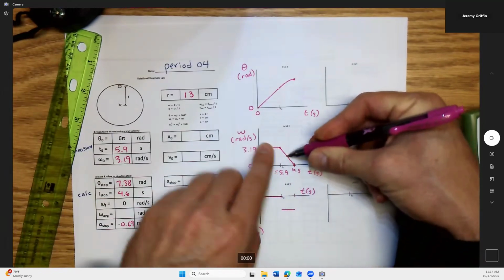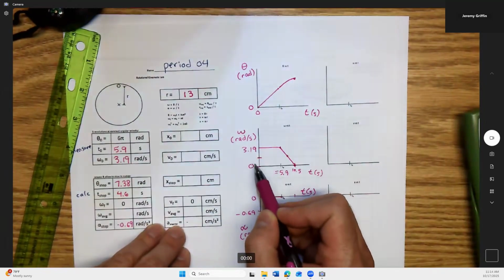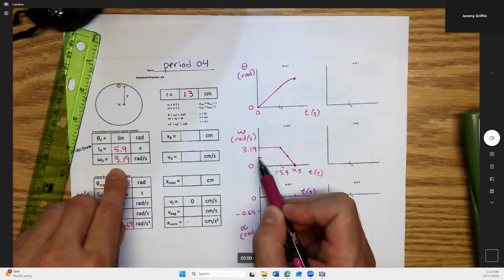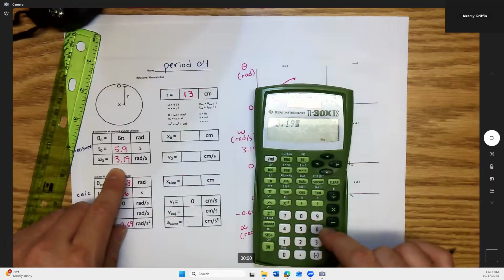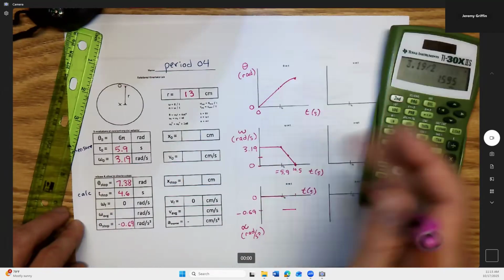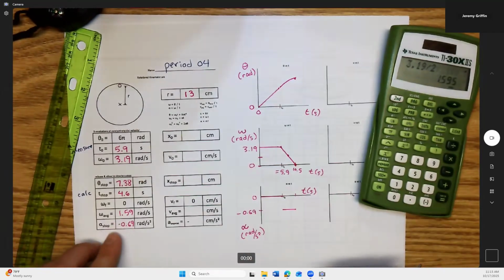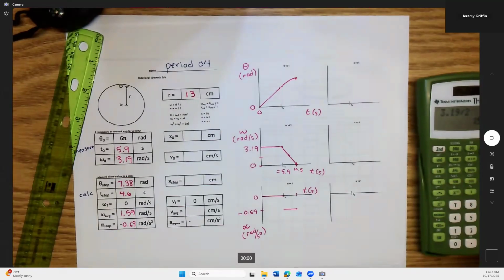And wouldn't that also be represented by half of the angular velocity that you're rotating at? Whatever I was rotating at, in my case 3.19 radians per second, I'm going to divide by 2, 1.59, something like that. I'm rounding a little bit. That was between going fast to going to a stop, the average value.